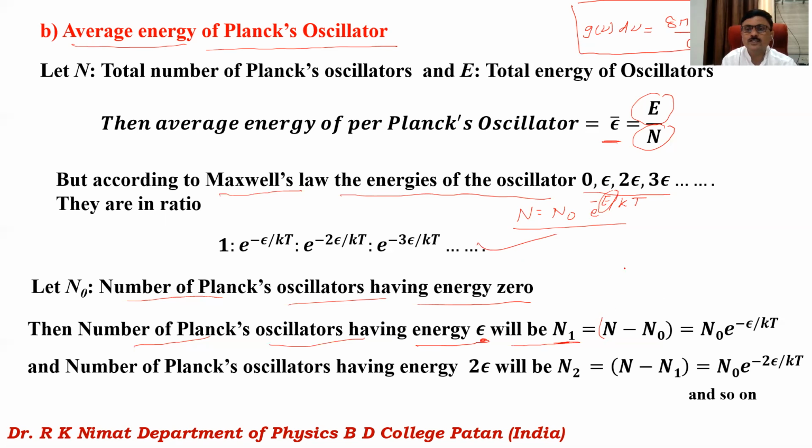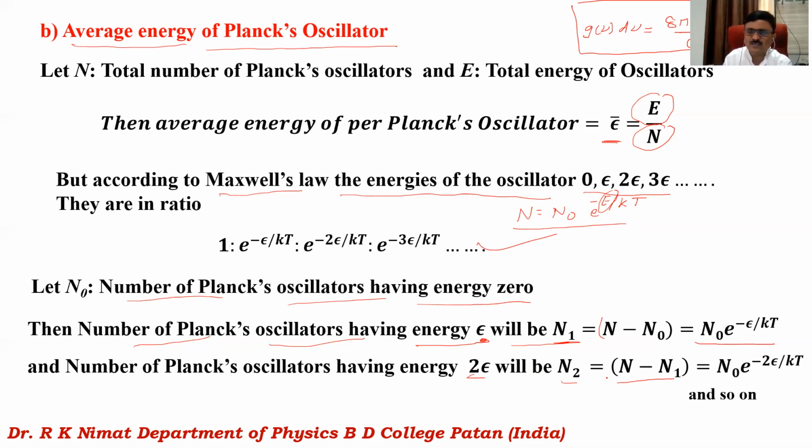According to this equation, it will be n0 into e raised to minus epsilon divided by kT. Similarly, the oscillators having energy 2 epsilon, suppose those are n2, will be n0 into e raised to minus 2 epsilon divided by kT, and so on.